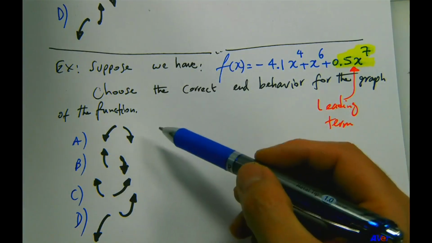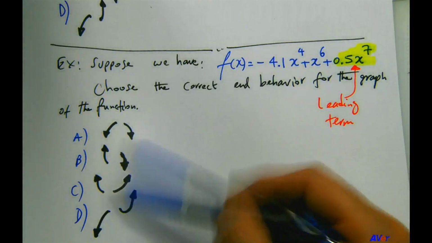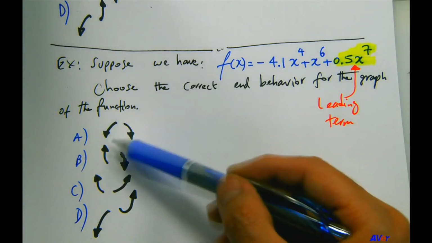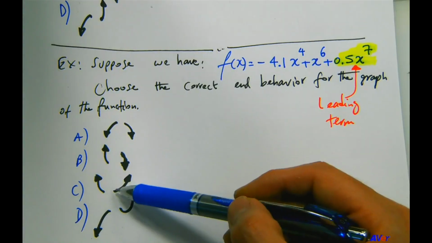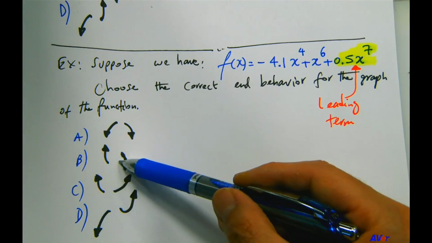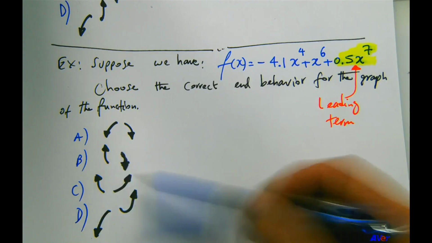So that means A and C are out of the question, because in A the arrows are pointing in the same direction downward, and in C the arrows are pointing upward in the same direction. So it's either B or D. Either B or D. So which one?